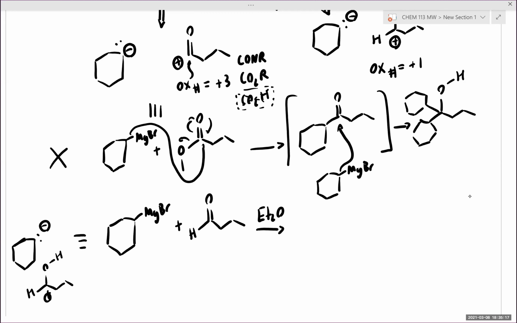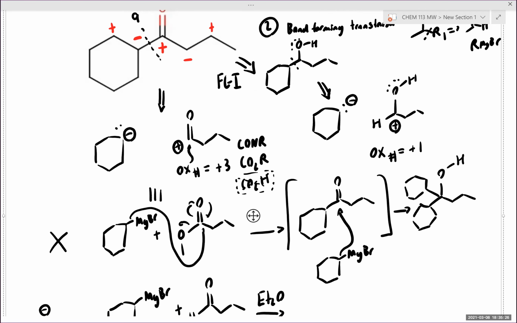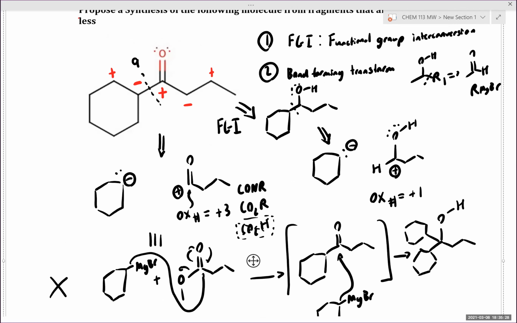So we previously proposed a synthesis. We're aiming to prepare this ketone, right? We focused on breaking this indicated bond as it would give us the simplest fragments. We entertained the idea of making this ketone directly, and we found a chemoselectivity issue.